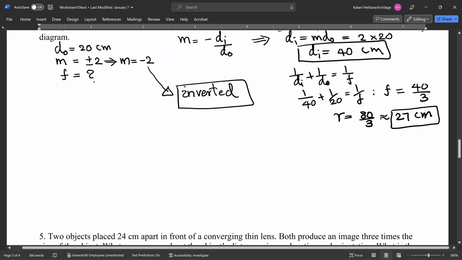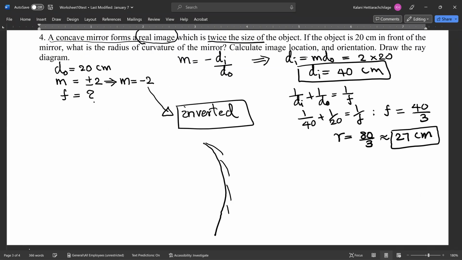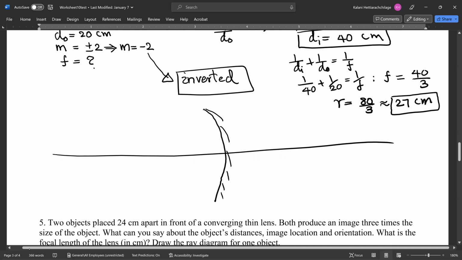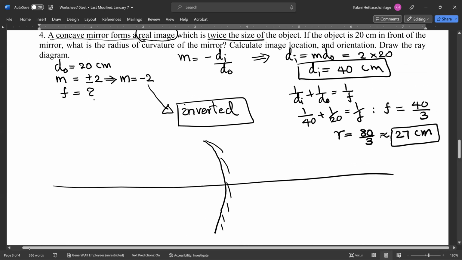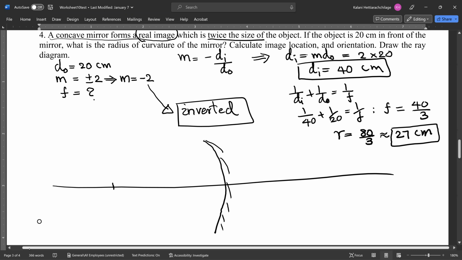Okay, so you have the concave mirror like this. And then draw the optical axis, right? As soon as you draw the optical axis, you can label your F. F is 40 over 3, and R is 27. I have the center here, 27, and half of that is F. That will be somewhere here.